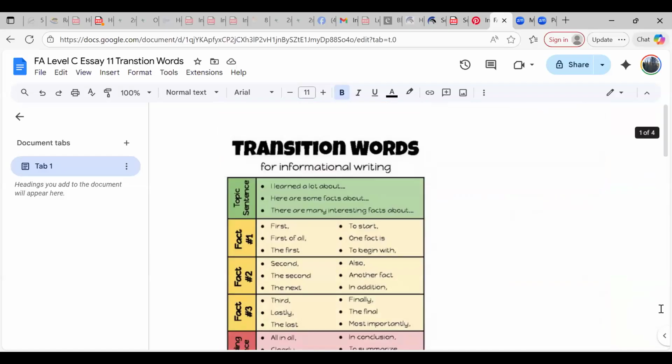Okay, so I'll add these transition words for informational writing. There are 3 sentence starters there. Then for facts: first of all, the first to start, the fact is, to begin with. So you have this chart that you can go to access for transition words. So I'll use that as an attachment to your assignment.